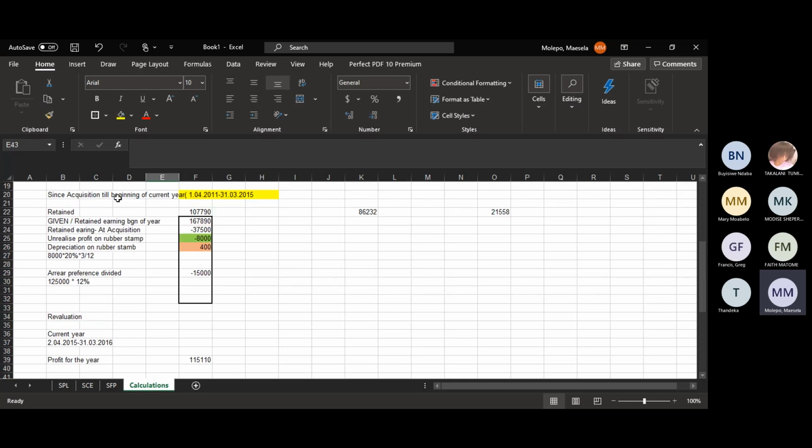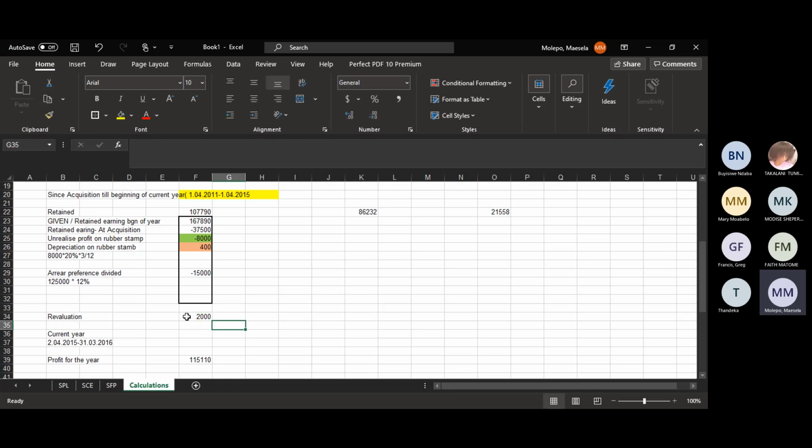But anything that happened up to 1 April 2015, because it will be the beginning of the current year, is going to fall under this side. So here the dating will change to 04, and then here it will be the first. So the revaluation surplus is 20,000. It doesn't have any impact by what minus what, because they already calculated it for us.